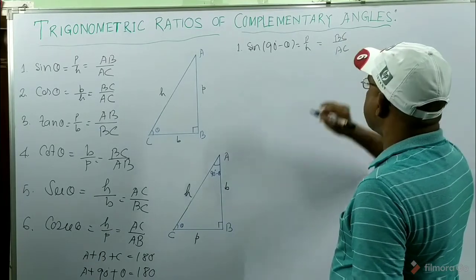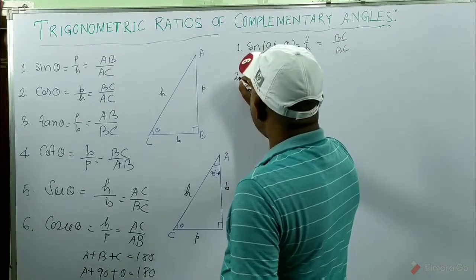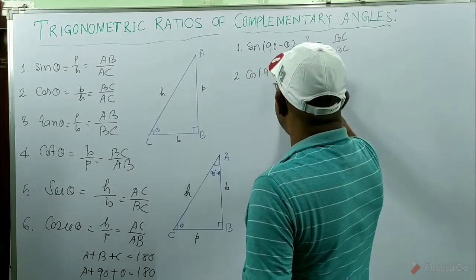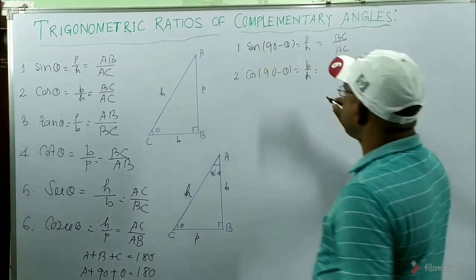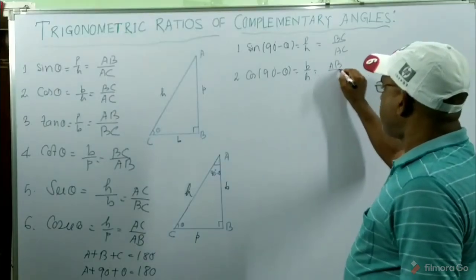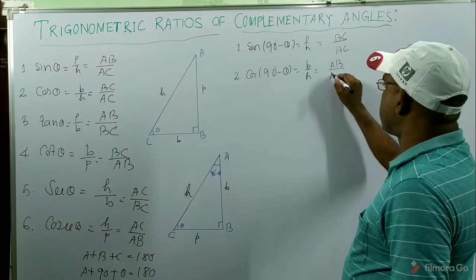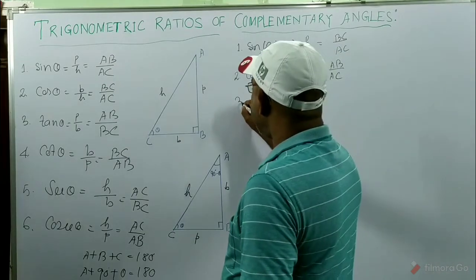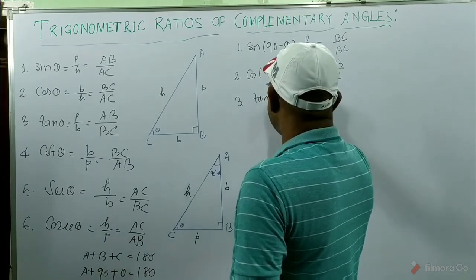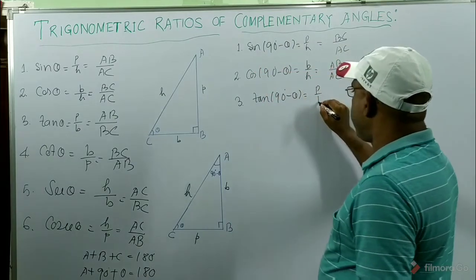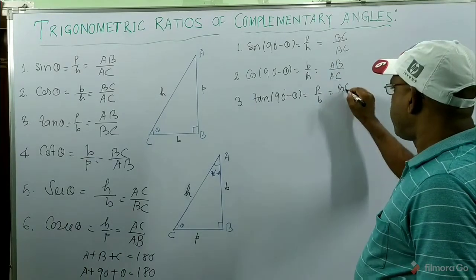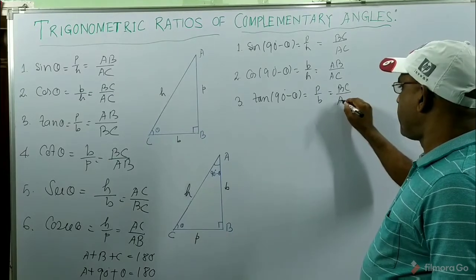Number 2, cos 90 minus theta is B by H, where B means AB, so AB by AC. Number 3, tan 90 degrees minus theta is P by B, which is BC by AB.